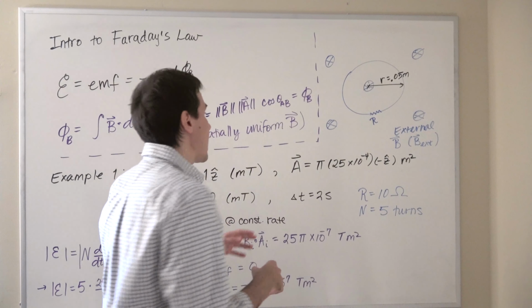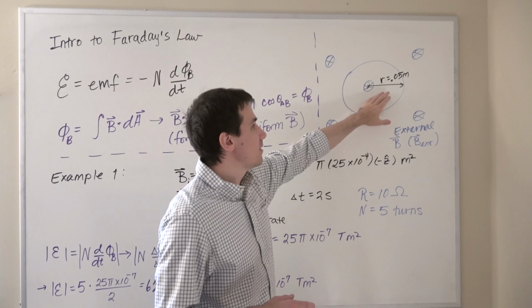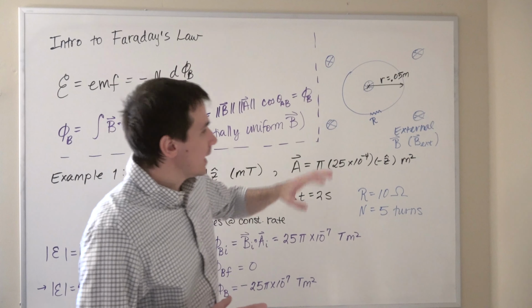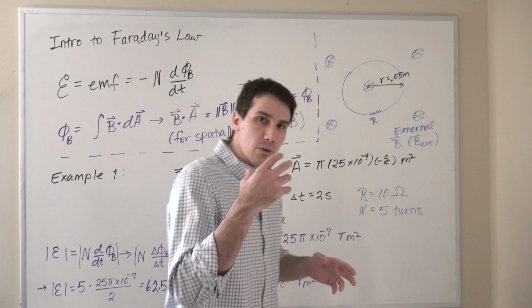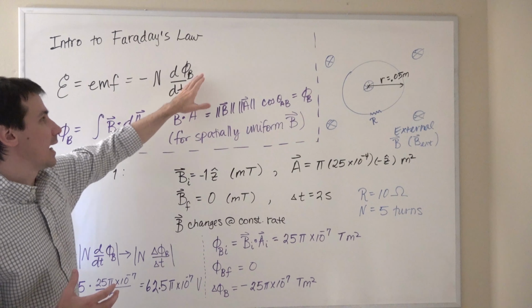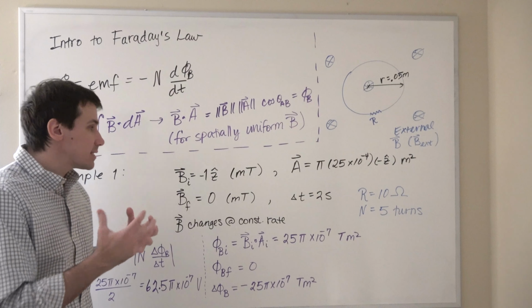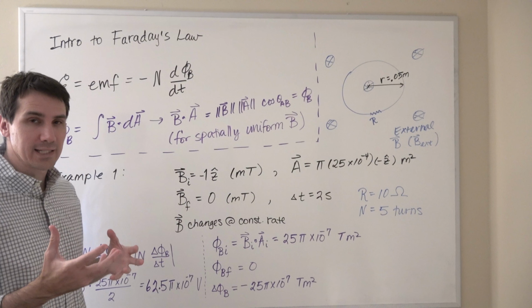So imagine that I have this same loop here where I've now given it a known radius of 0.5 meters inside of an external magnetic field pointing into the board. Now, if we want to find the EMF, what we are interested in is how the flux changes. So in this case, the flux is going to change by changing the external magnetic field.